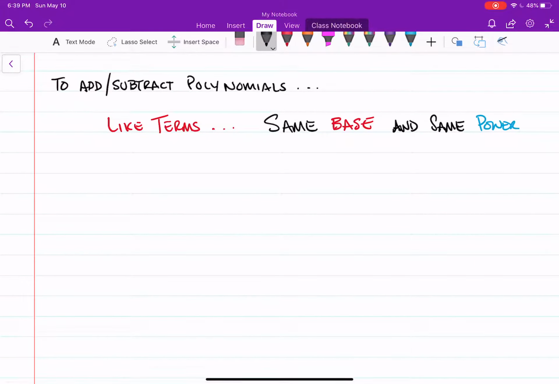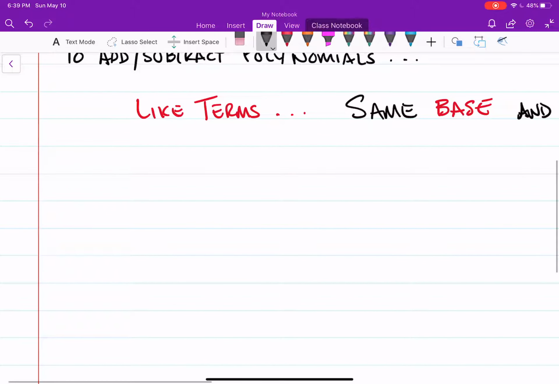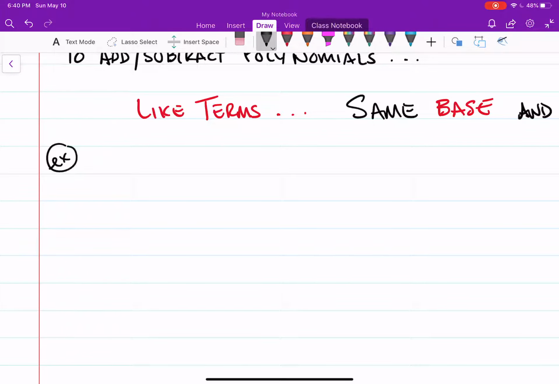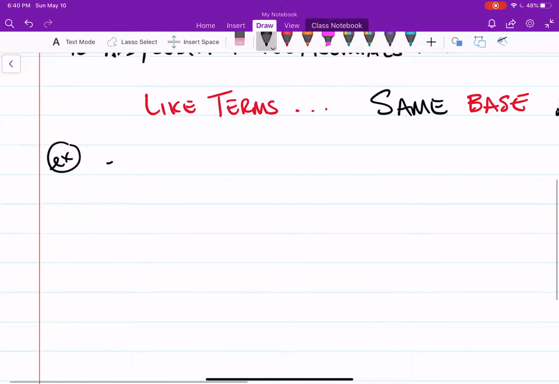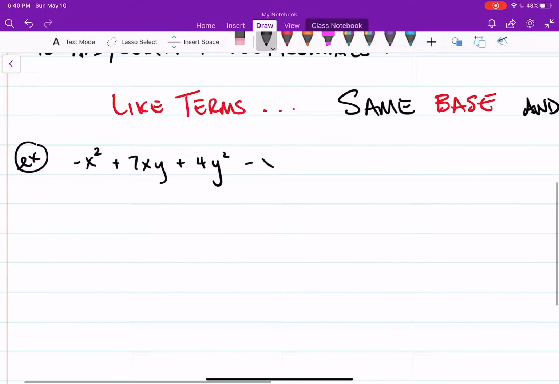All right, so let's look at a problem here. So example E. All right, so let's do this one right here. It says negative x squared plus 7xy plus 4y squared minus x squared minus xy and then plus 6y squared.